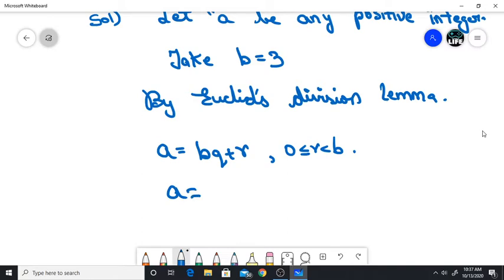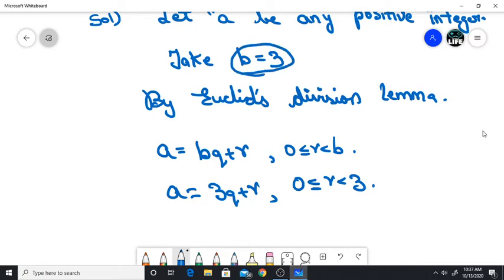Here we took b as 3, so it is 3q plus r, where 0 less than or equals to r less than 3. Because b equals to 3, r values are either 0 or 1 or 2.